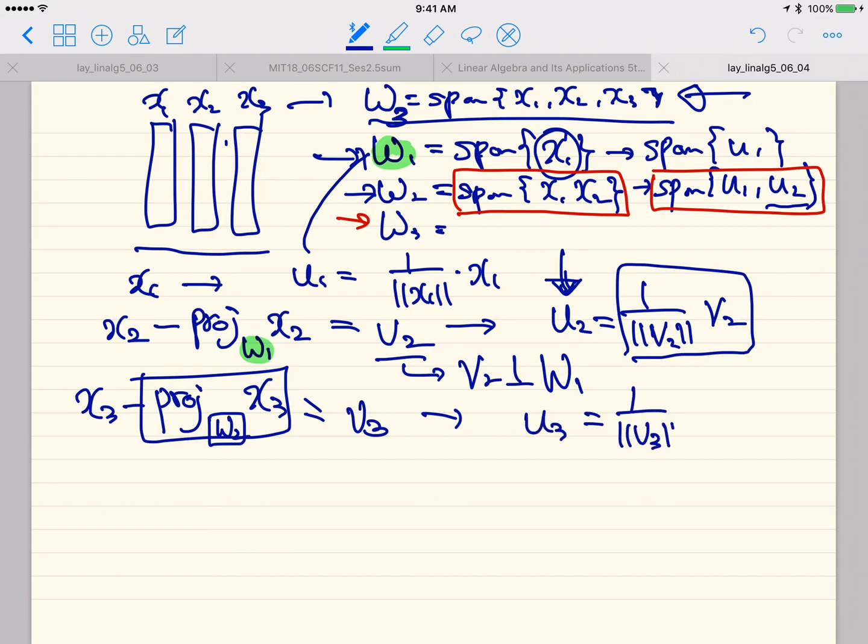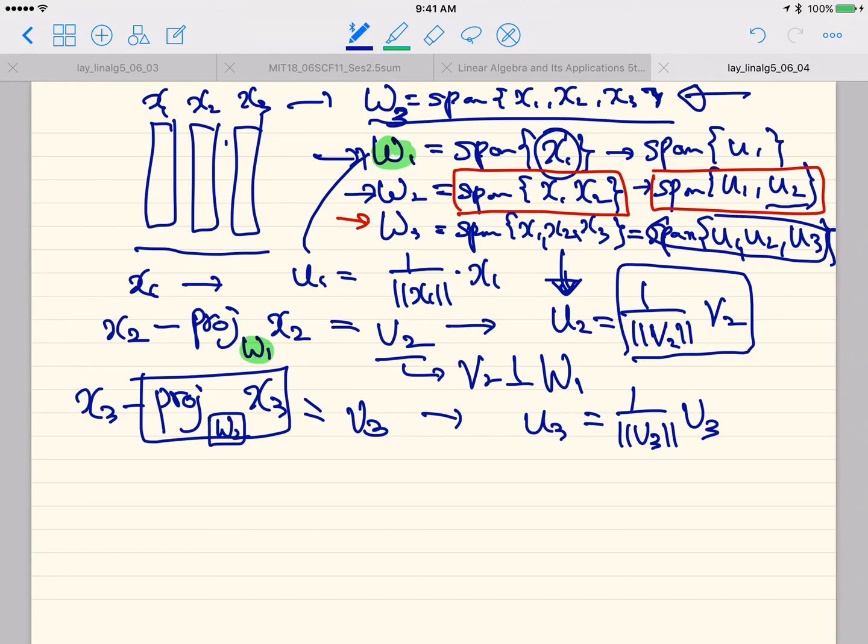U3 is v3 over the length of v3. Okay, and now x1, x2, x3 will span the same subspace as u1, u2, u3. Right? So that way we obtain an orthonormal basis one by one, sequentially, by handling one vector at a time.